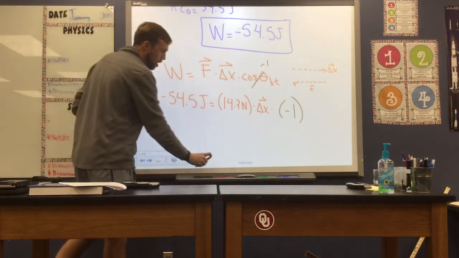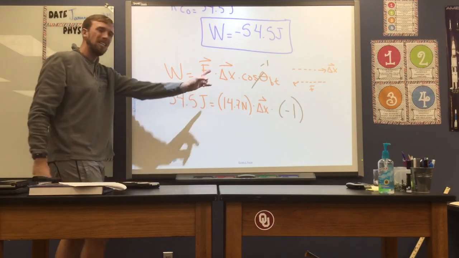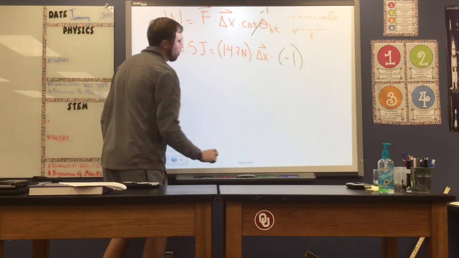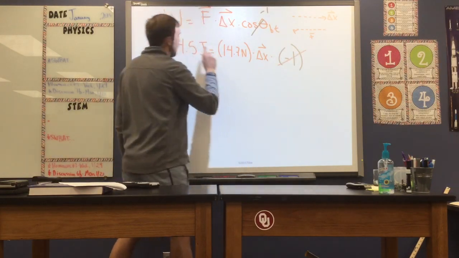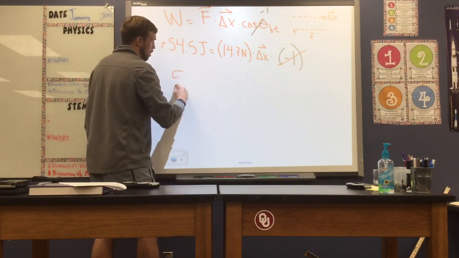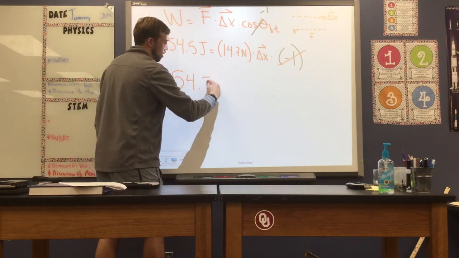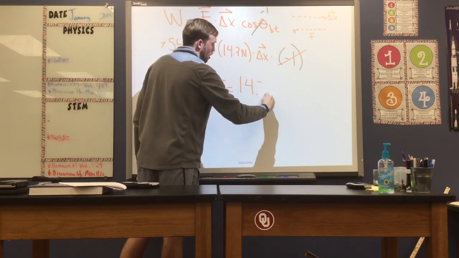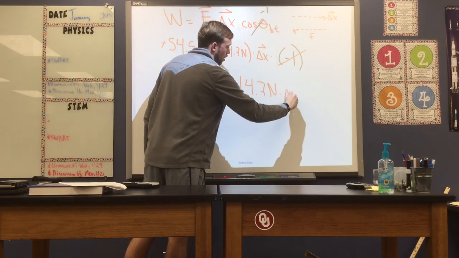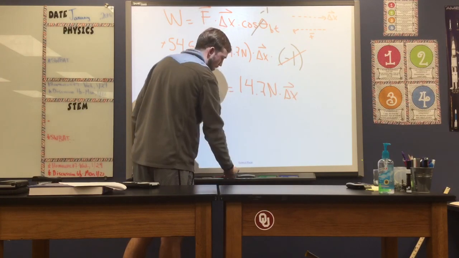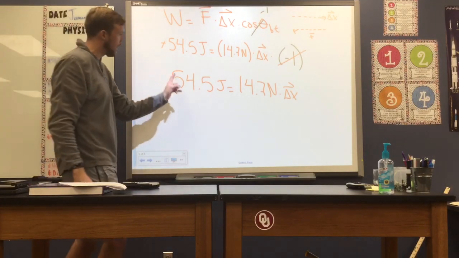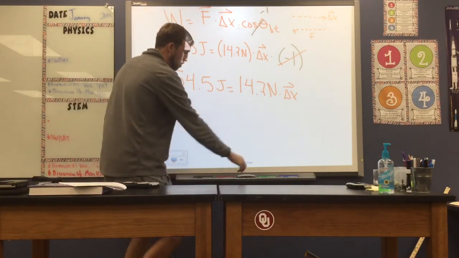So what I can do is I can go ahead and cancel that negative out on both sides of our equation. So I'll go ahead and rewrite it this way. 54.5 joules is equal to 14.7 newtons times delta x. So now, in order to get delta x by itself, I'm just going to divide the work by our force.